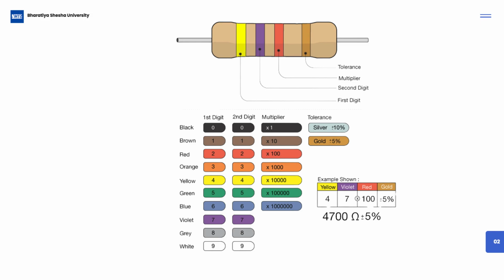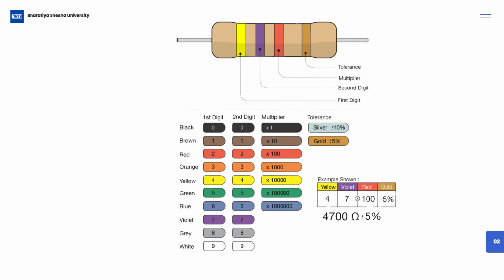The fourth band is really important. It is the last band, and it is the tolerance. That is the fluctuation in the value. We have the number 4700, and the last band is gold, which means plus or minus 5%.